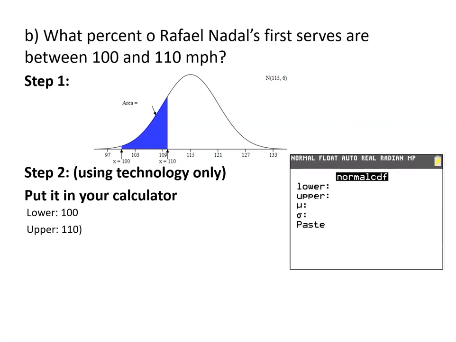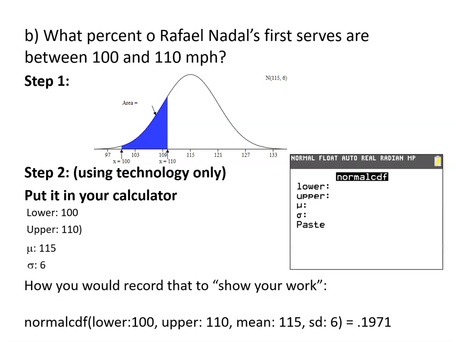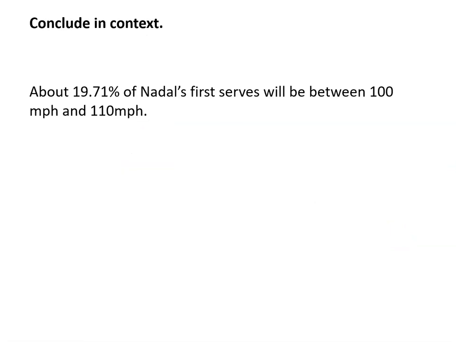Lower limit is 100, upper is 110, mean is 115, standard deviation is 6. And again, to record that, you would write this line here. So you'll find it's a similar number. Writing our answer in full sentence form, about 19.71% of Nadal's first serves will be between 100 miles per hour and 110 miles per hour.